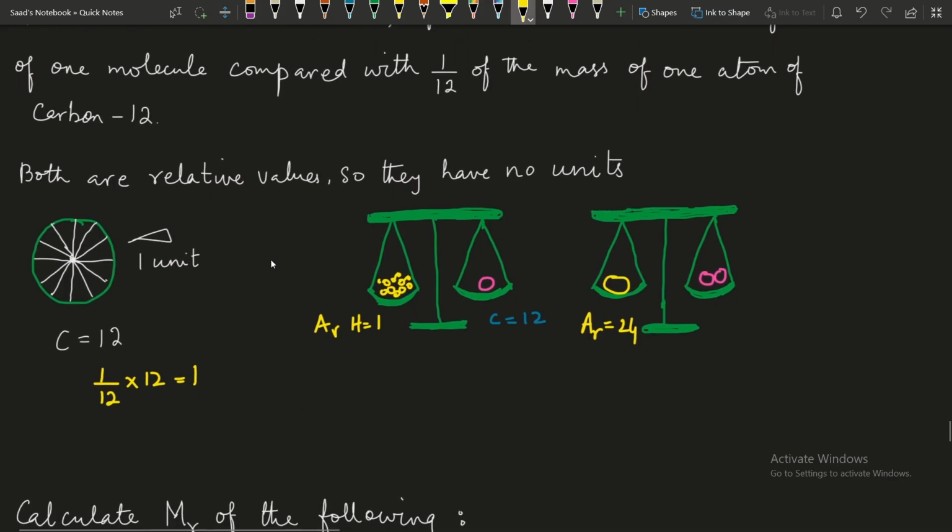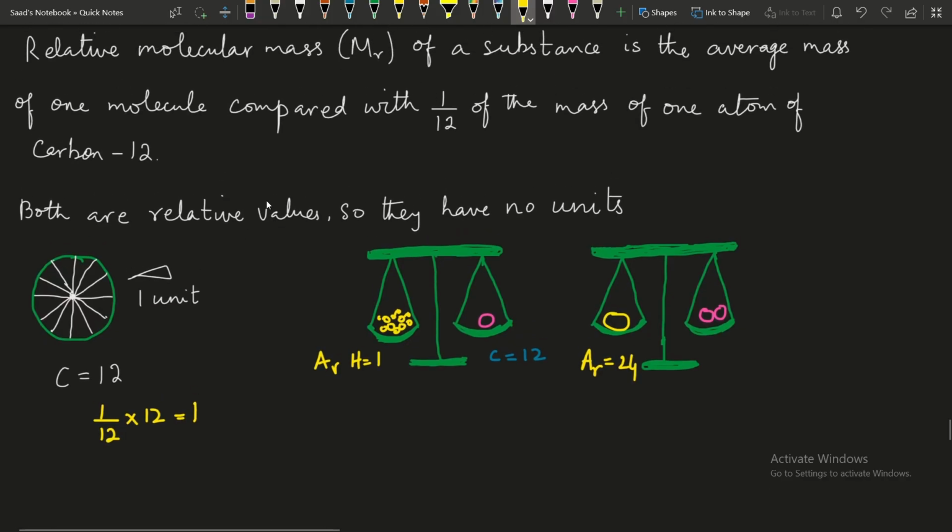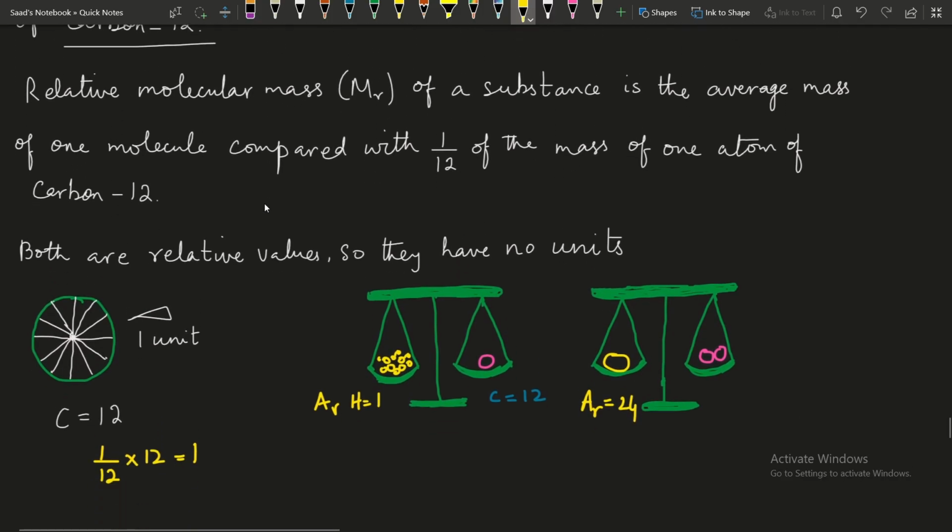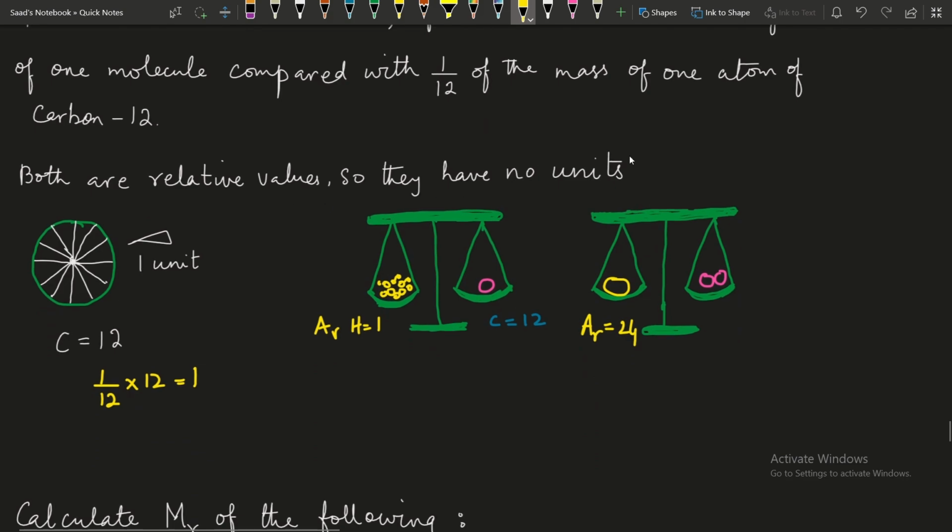And you see that both these values, relative atomic mass and relative molecular mass, are relative values, and they do not have any units.